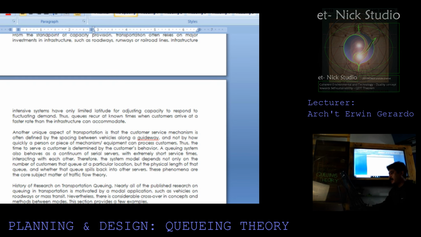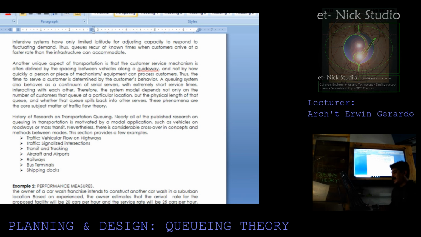Intensive systems have only limited latitude for adjusting capacity to respond to fluctuating demand. Thus, queues recur at known times when customers arrive at a faster rate than the infrastructure can accommodate.